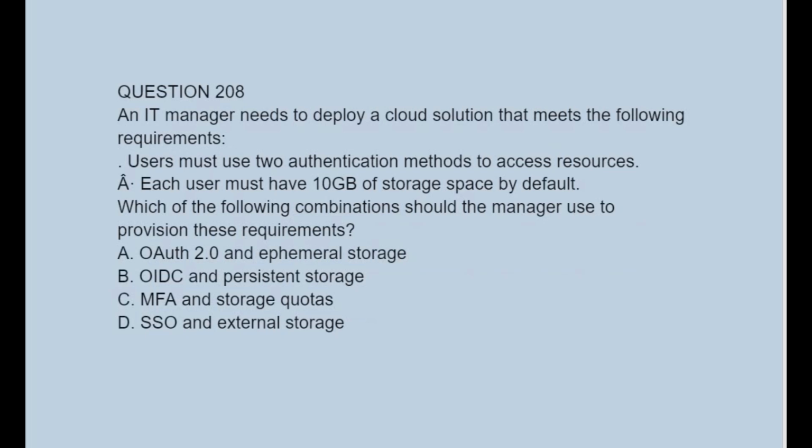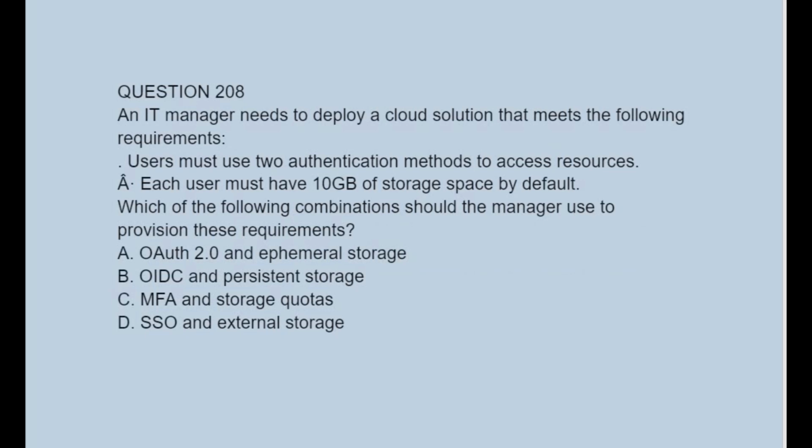Question is, an IT manager needs to deploy a cloud solution that meets the following requirements. Users must use two authentication methods to access resources. Each user must have 10 GB of storage space by default. Which of the following combinations should the manager use to provision these requirements?